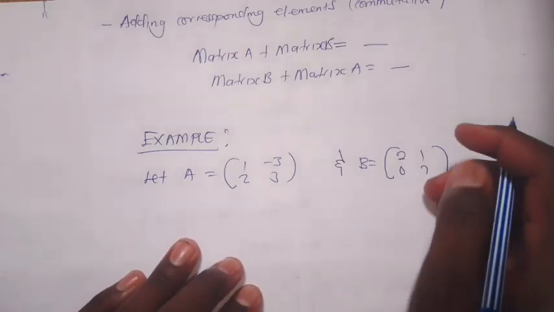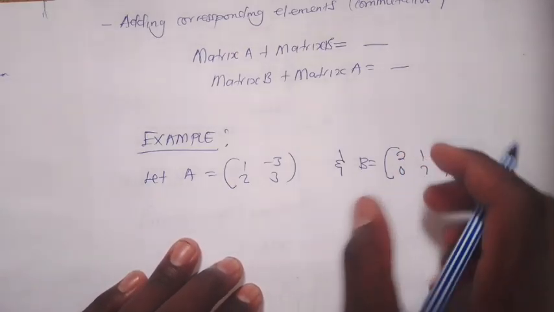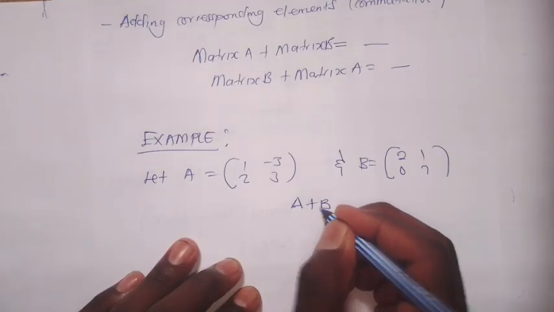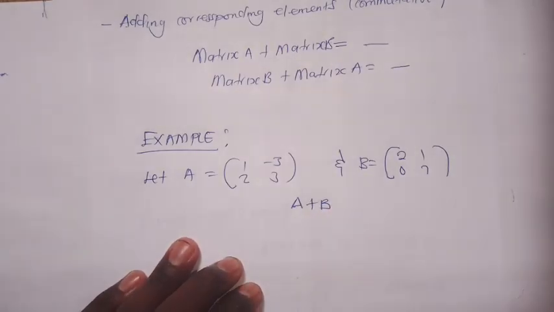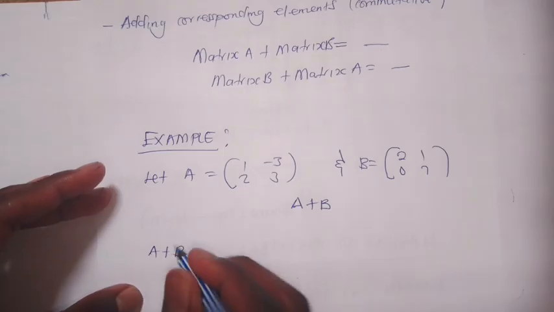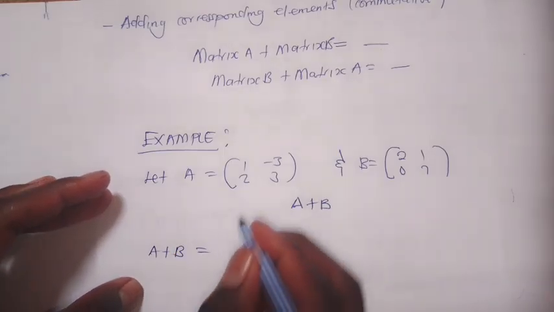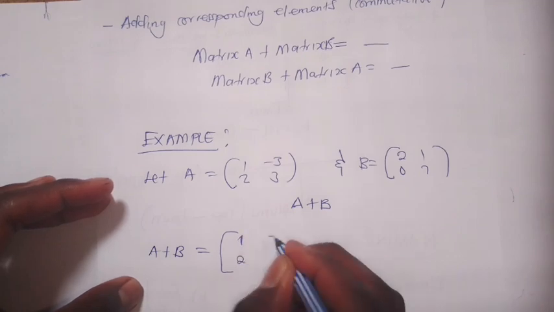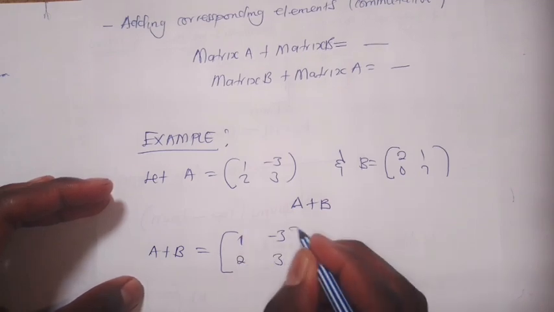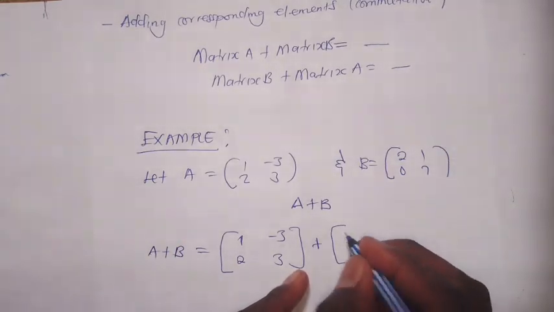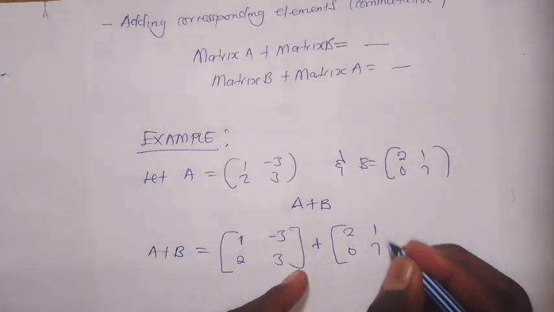Then they tell you to add A plus B, add matrices A and B. So here we say A plus B is equal to, this is our A, write it like this, plus write matrix B here, 2, 0, 1, 7.